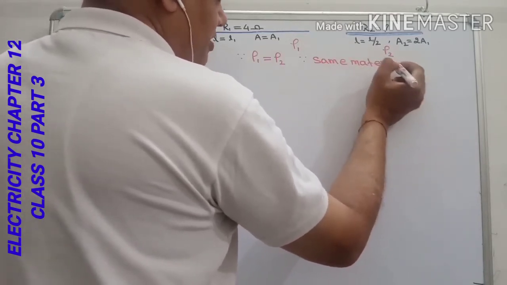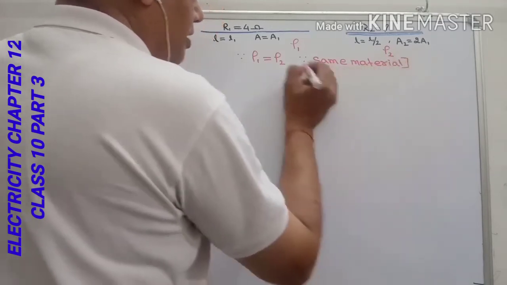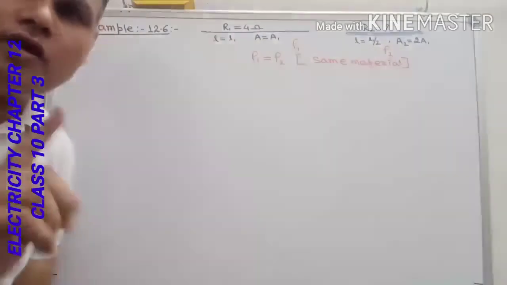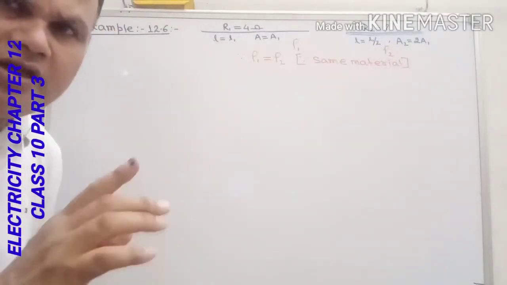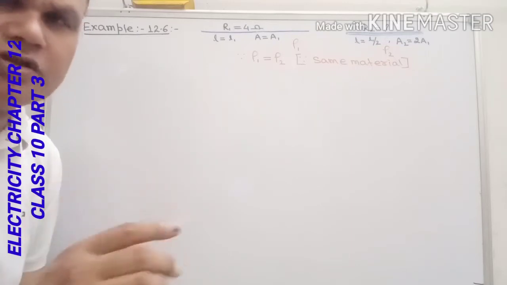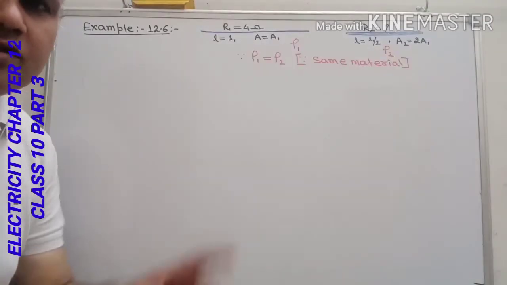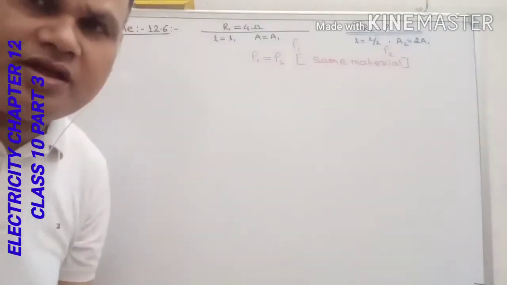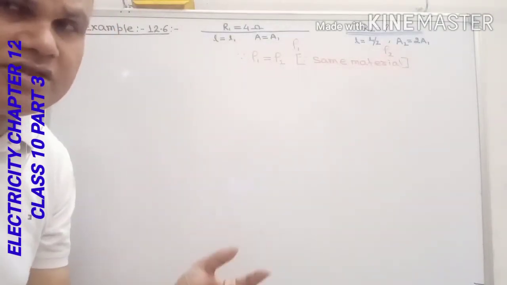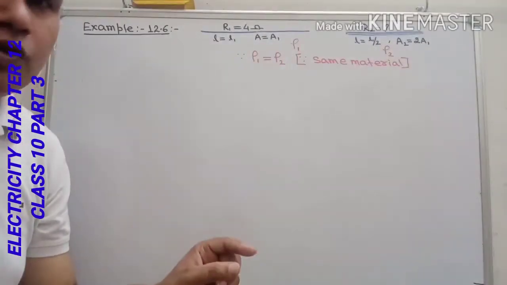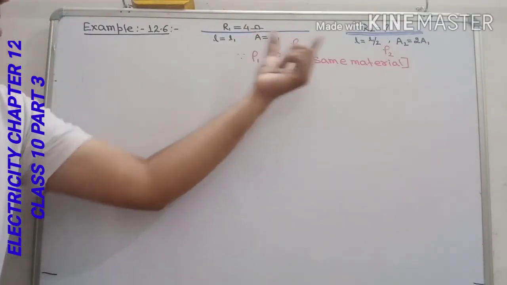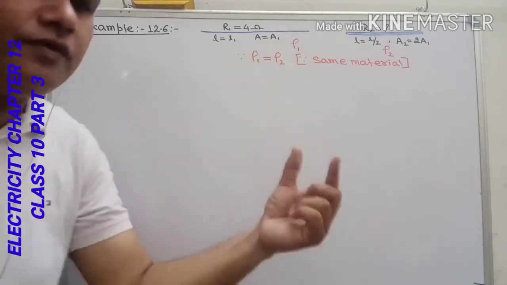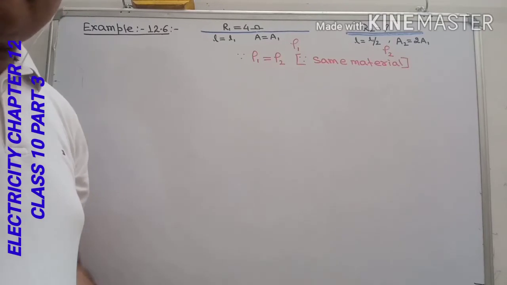So we can very easily write this, because the resistivity of the conductor does not depend on the length of the conductor, nor on the cross sectional area, but it only depends on the nature of material. If different materials were taken, then the resistivity will be different. So we have to find out the resistance of this conductor using this resistivity. Now how can we find it out? Look here.